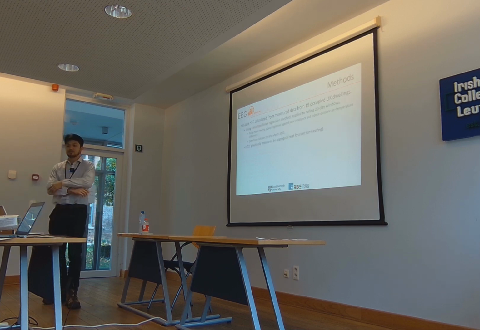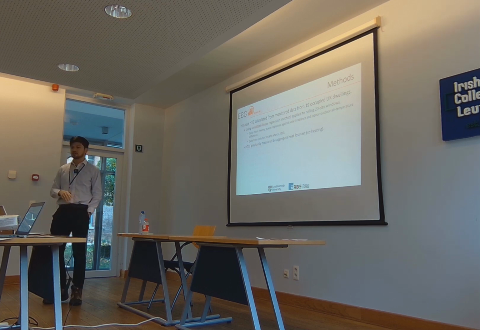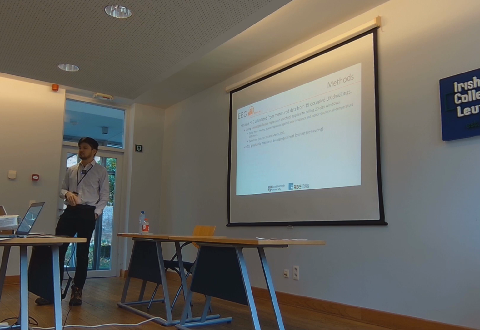So in terms of methods, what Max did was to calculate the in-use HTC from monitored data from 19 occupied UK dwellings. This used a fairly basic multiple linear regression method applied to rolling 20-day windows, regressing daily mean heating power against solar irradiance and indoor-outdoor air temperature difference.